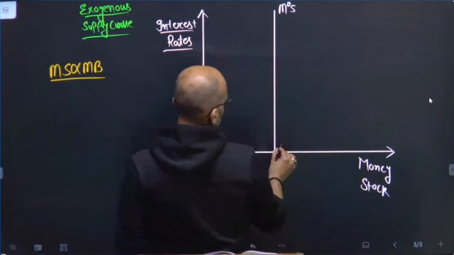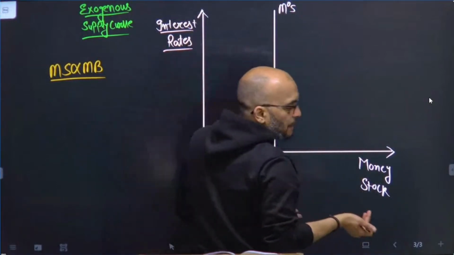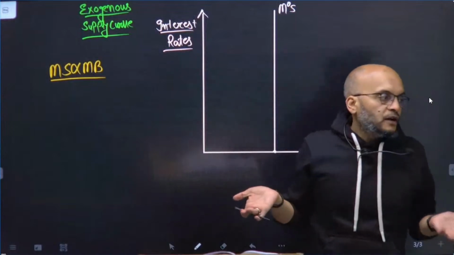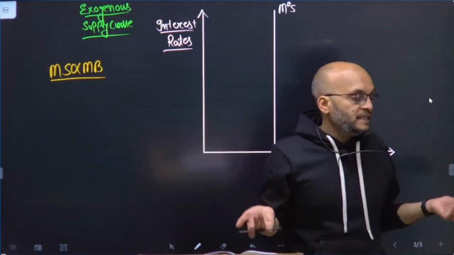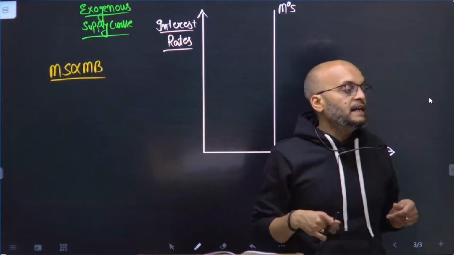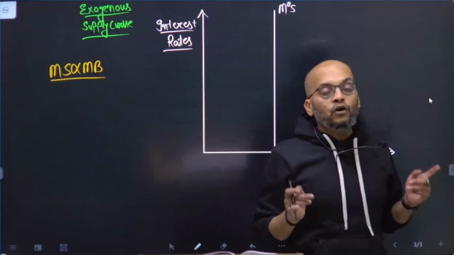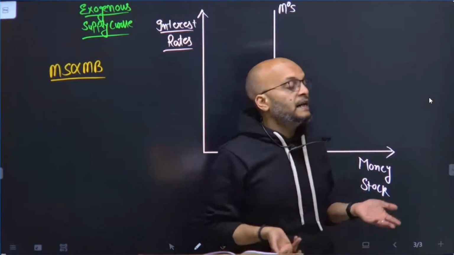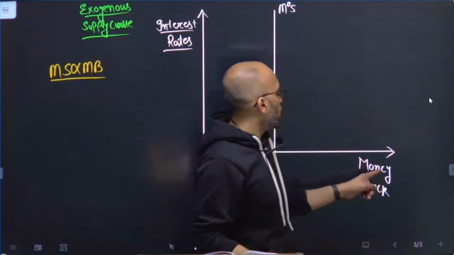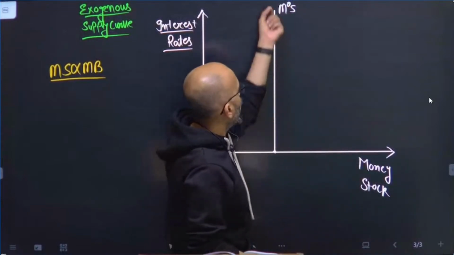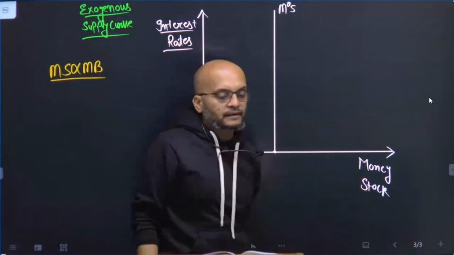See now, since interest rate is not affecting ED or CD, and ED and CD determine money supply, money supply is unaffected, and money supply is directly proportional to monetary base. So monetary base or money stock is also unaffected.